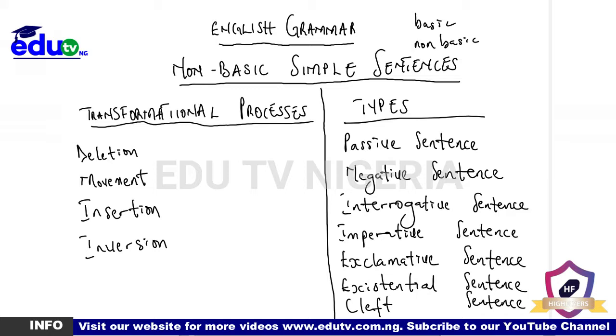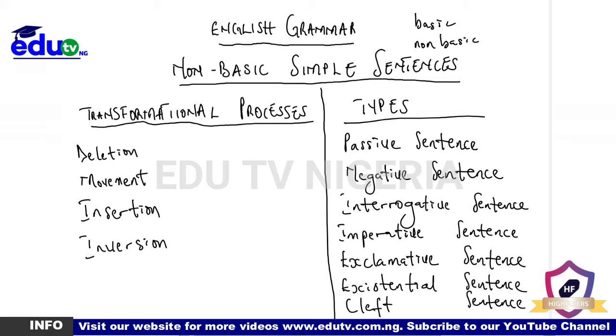Before we go into all of these types, first of all, what makes a non-basic simple sentence differ from a basic simple sentence? Non-basic simple sentences differ from basic simple sentences in that they have undergone one or more transformational processes, which will be discussed below.